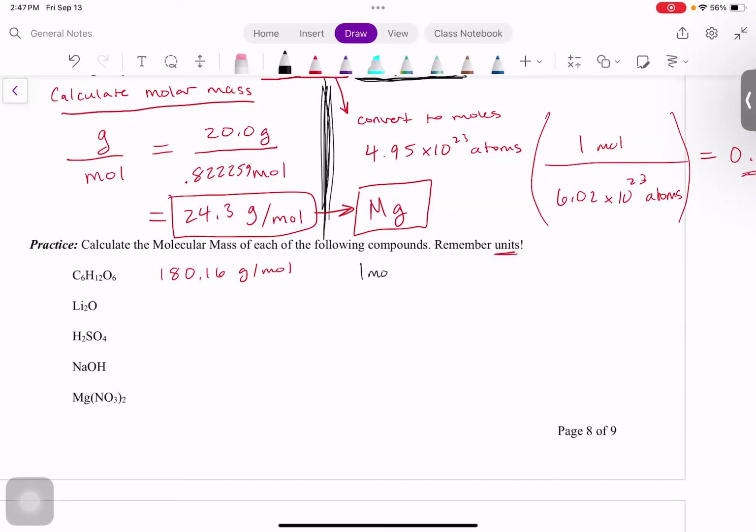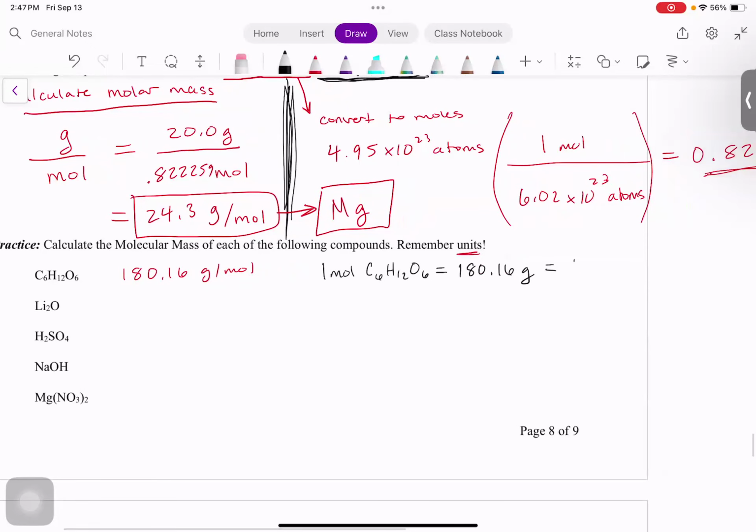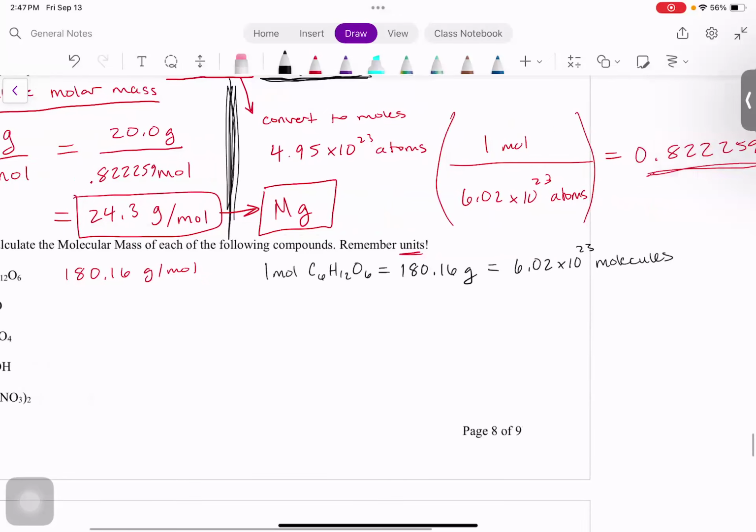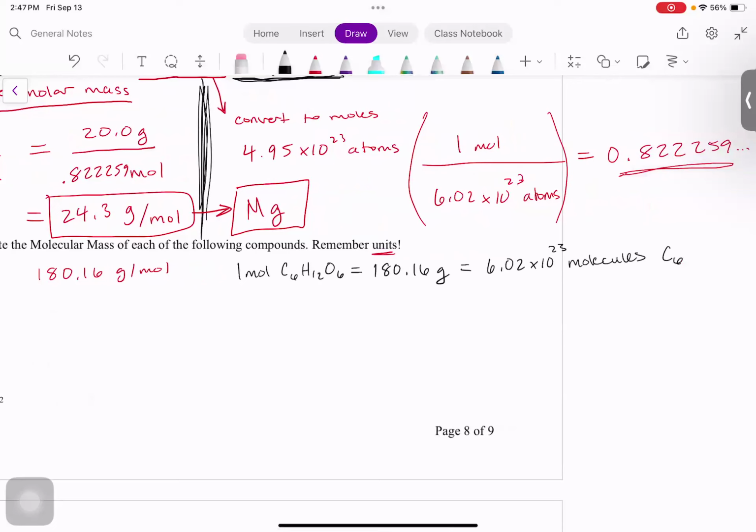So 1 mole of C6H12O6 has a mass of 180.16 grams. And that is also then the mass of 6.02 times 10 to the 23rd molecules, so not atoms, but molecules of C6H12O6.